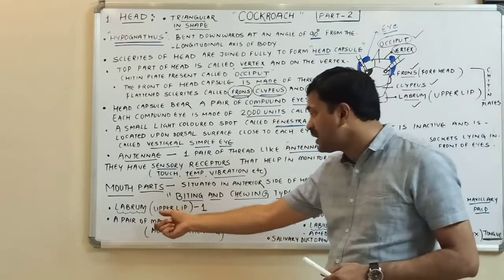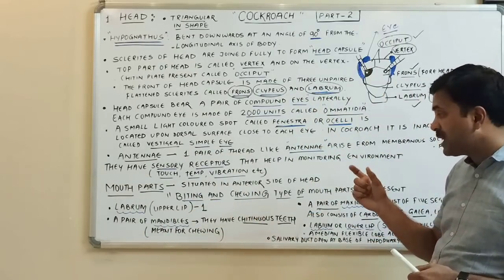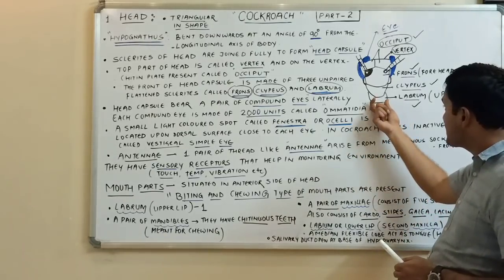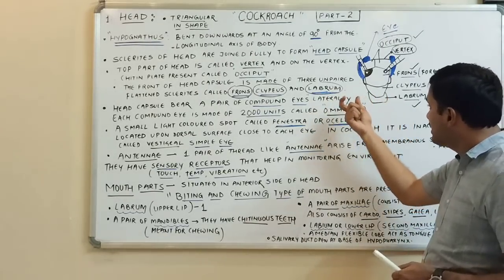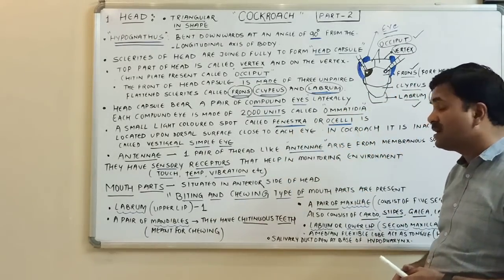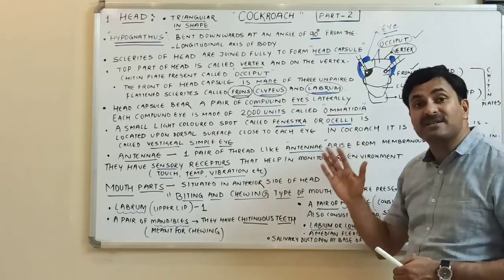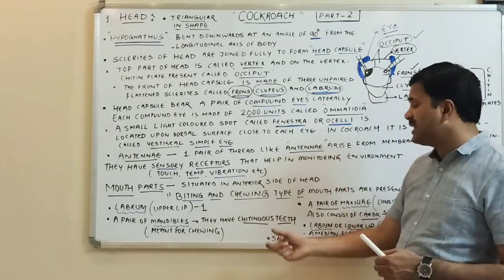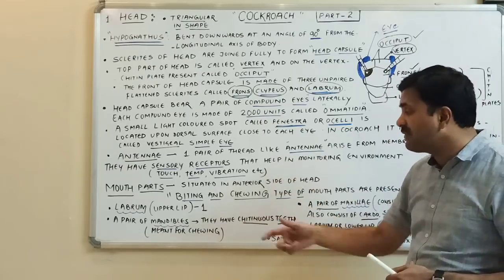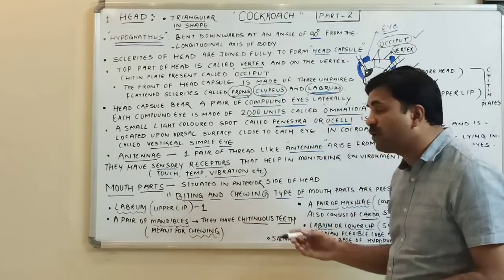Now a pair of mandibles are also present on the lateral side. If this is the labrum, then on either side, one pair of mandibles is present, and these mandibles are short and have chitinous teeth. If they have chitinous teeth, then it is clear that they are meant for chewing.